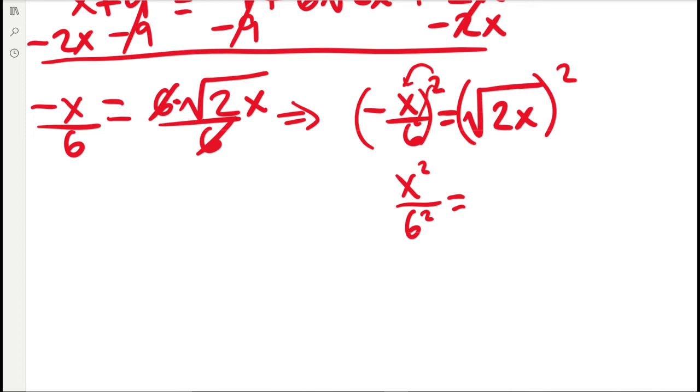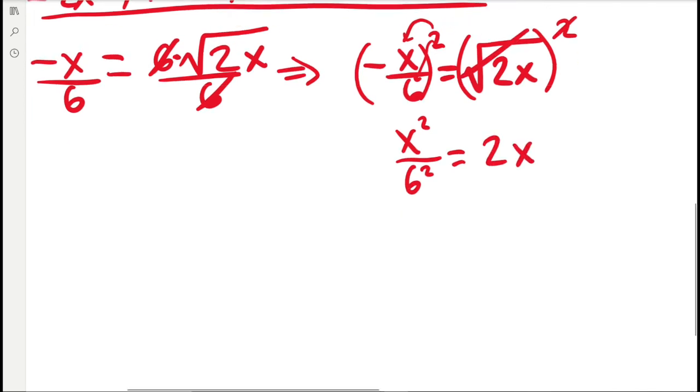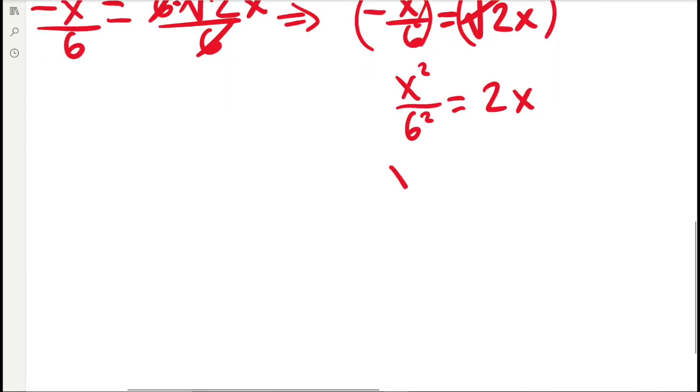And then the square and the square root cancel, leaving you with 2x. Again, we're going to ignore the absolute value here because we're going to actually check our solutions anyway. And in this case, we have x squared over 36 equals 2x.